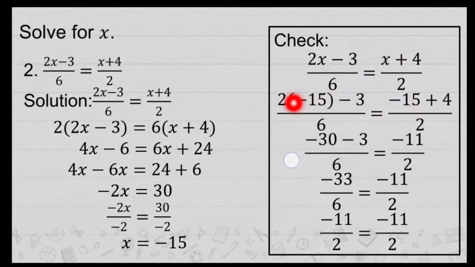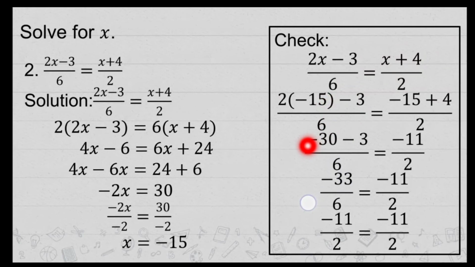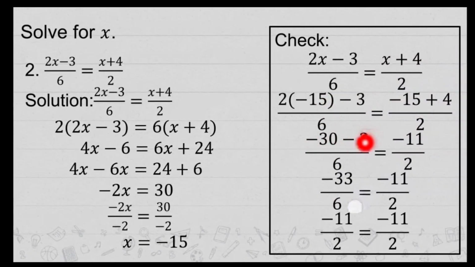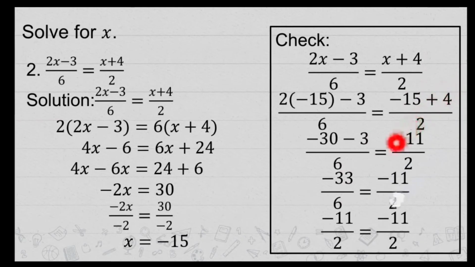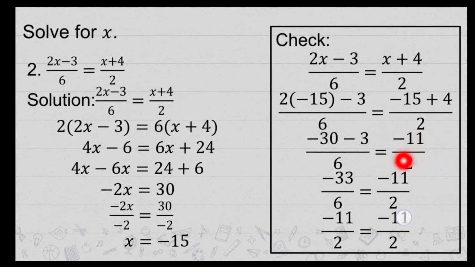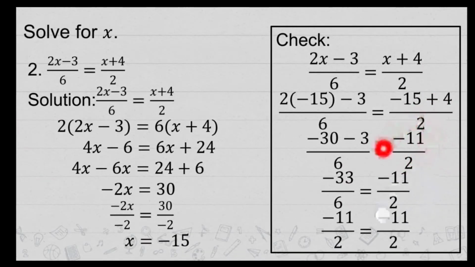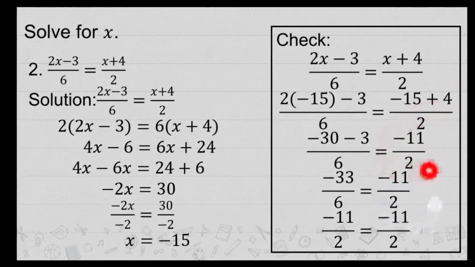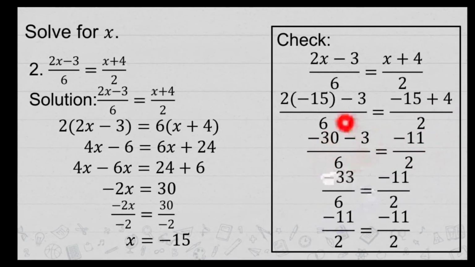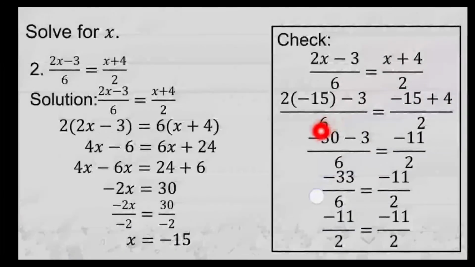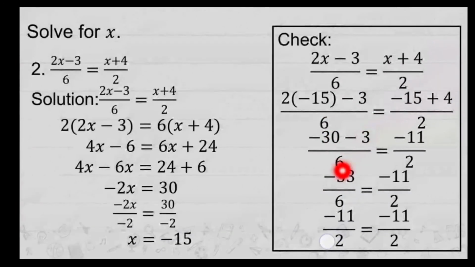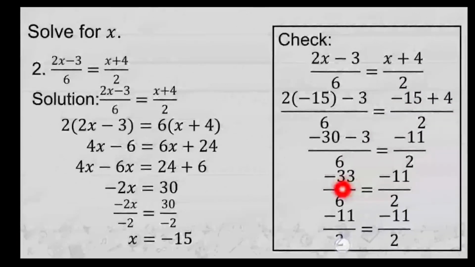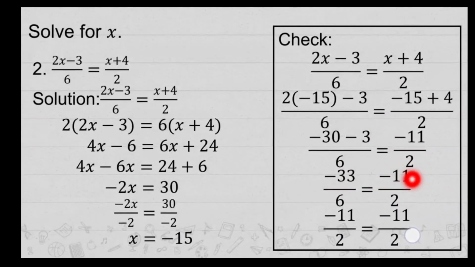Let us simplify. 2 times negative 15 is negative 30, minus 3, divided by 6. Then negative 15 plus 4 is negative 11, divided by 2. Then we cannot simplify this. Therefore, let's simplify the expression on the left side. So negative 30 minus 3 is negative 33, divided by 6, is equal to negative 11 divided by 2.